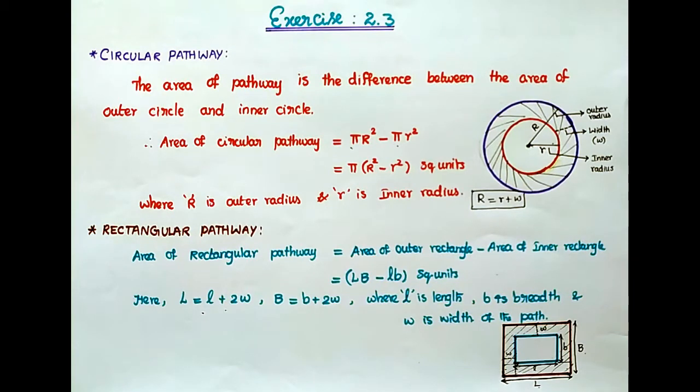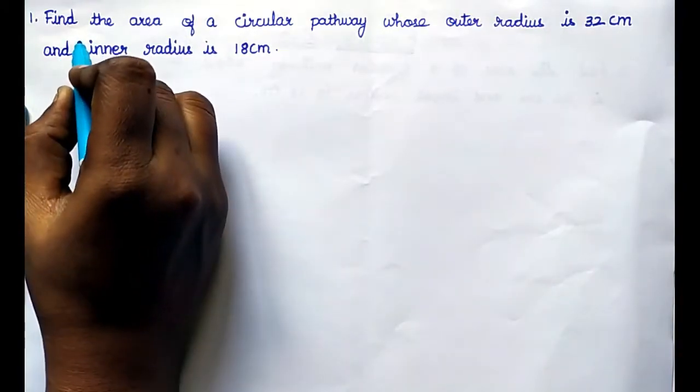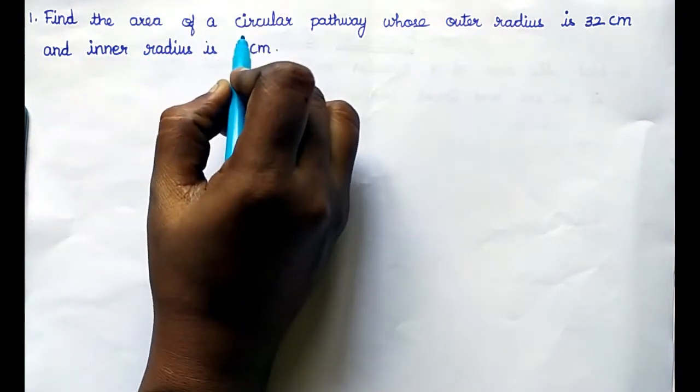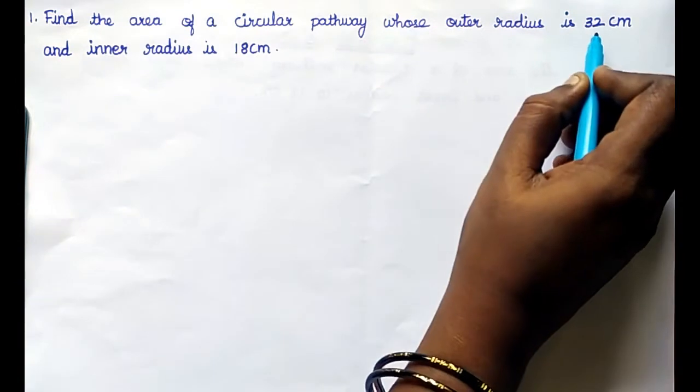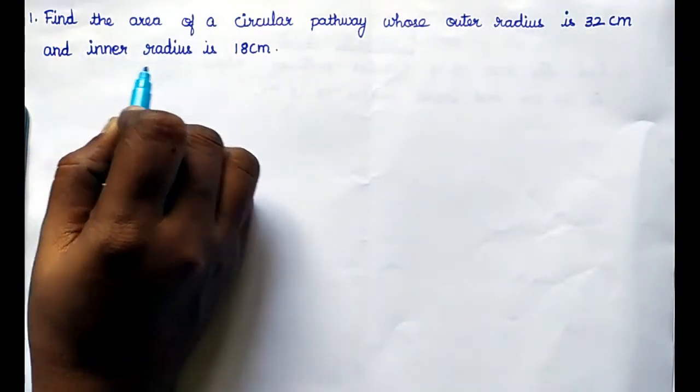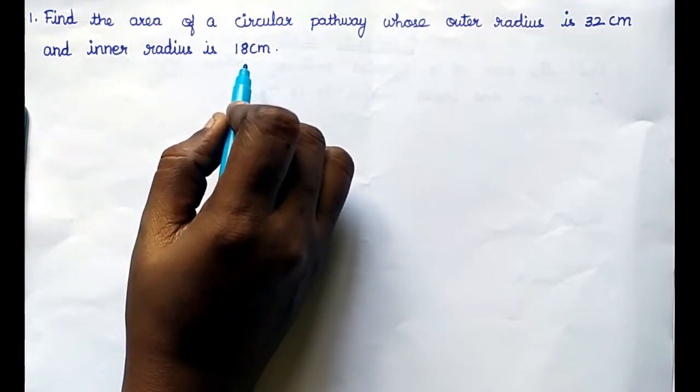Now let me see the exercise problems. First sum: find the area of a circular pathway whose outer radius is 32 centimeter and inner radius is 18 centimeter.